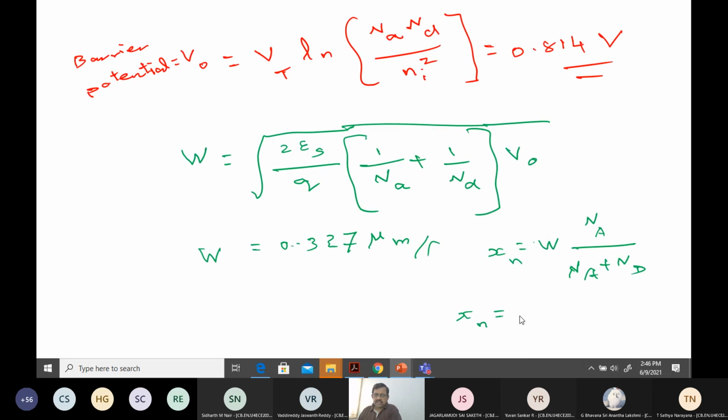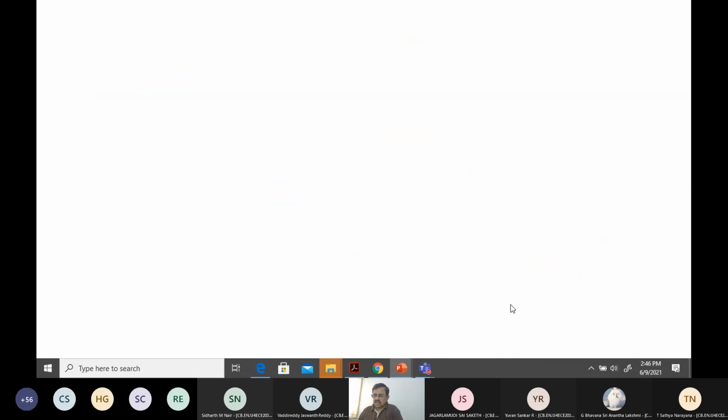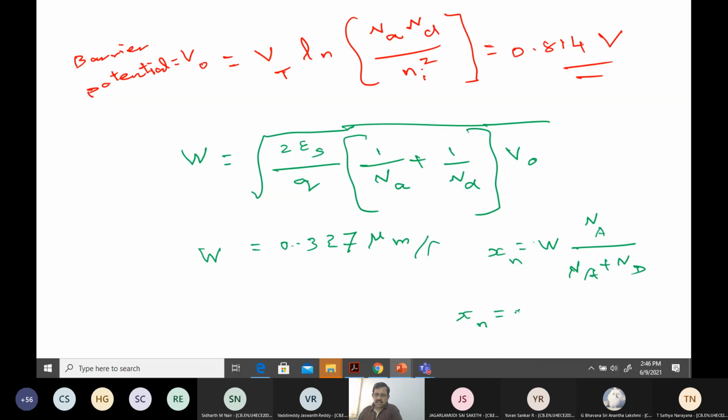So when I substitute, it is 0.327 times 10 power 18 divided by 10 power 18 plus 10 power 16. This is 10 power 18, this is 10 power 16.